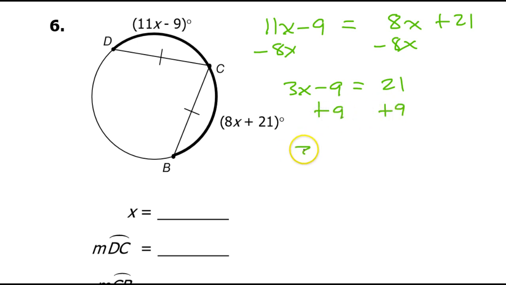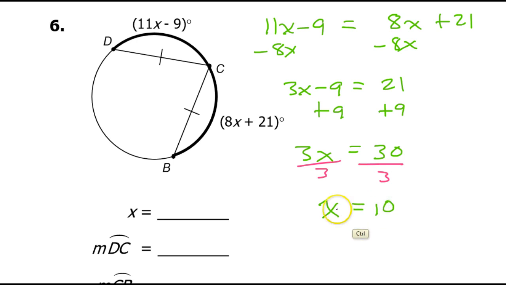Adding 9 to both sides, we have 3x is equal to 30. And then you divide both sides by 3. And x is equal to 10.